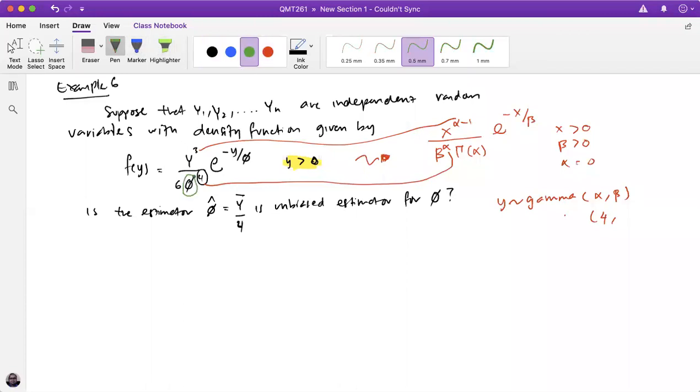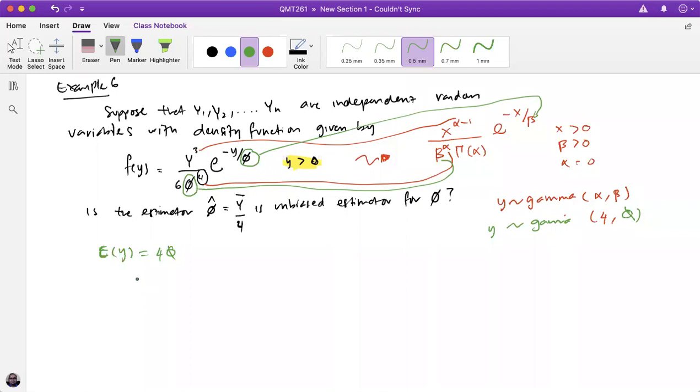Phi is our beta, and you see y divided by beta, so beta is equal to phi. So from the gamma distribution, the expected value of y should be alpha beta, which is 4 phi.